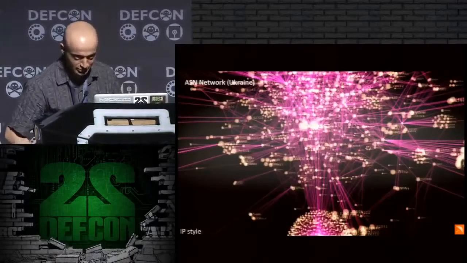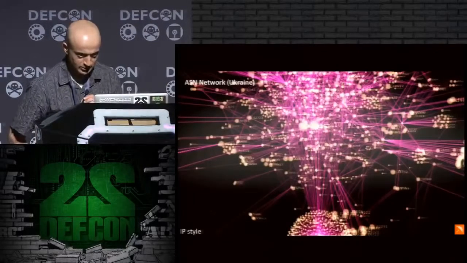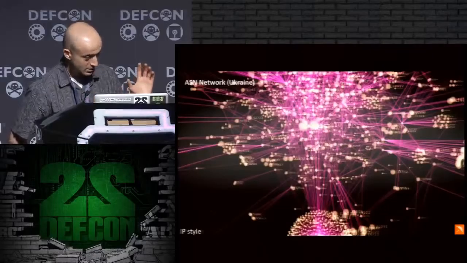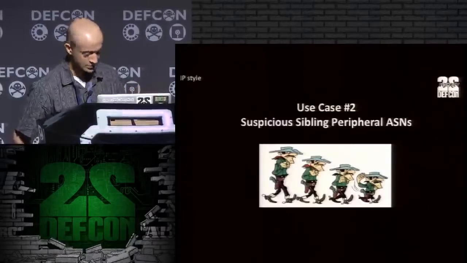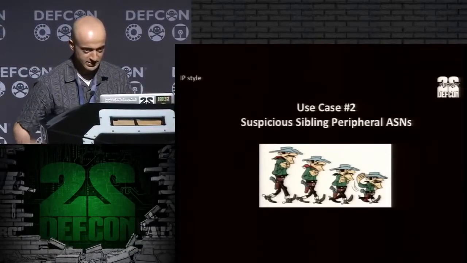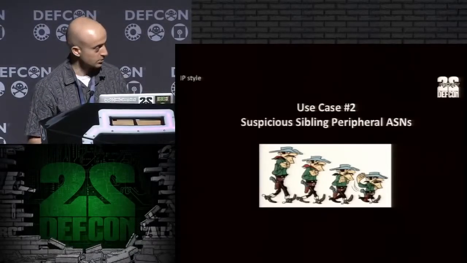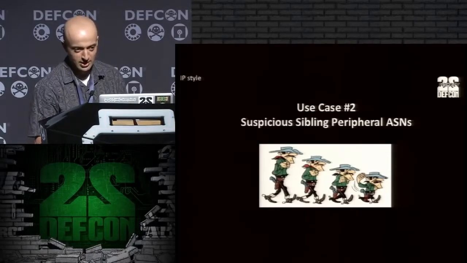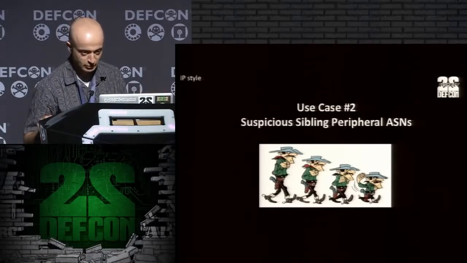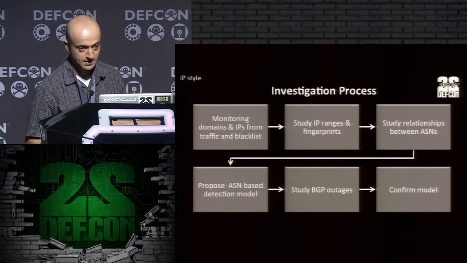So thanks Thibaut and Andre for this perspective about the ASN network. Now the thing is, we're looking after maliciousness. That was the core of the research. Now how can we use the ASN graph to extract the maliciousness we're after? So we're introducing the concept of suspicious, or actually sibling peripheral ASNs, and then we look for suspicious ones.